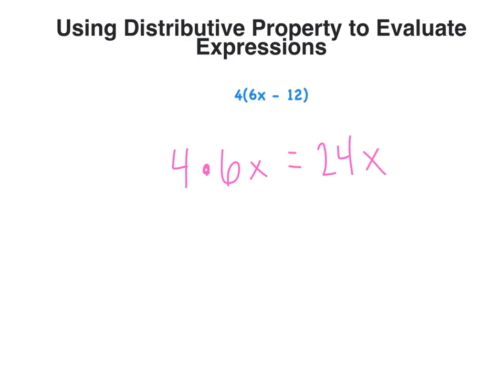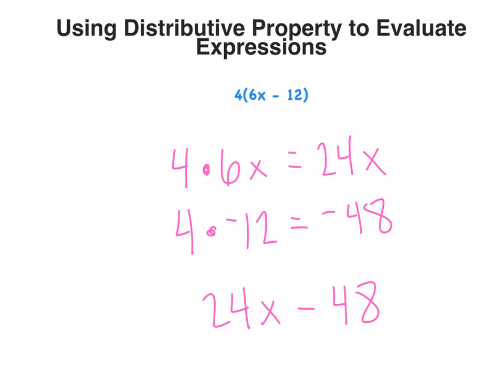Then the next thing we have to do is distribute our 4 to our negative 12, or minus 12. And we get negative 48. So we have 24x and negative 48, and we cannot combine them because one of them has an x. So we're just going to leave it written as an expression.